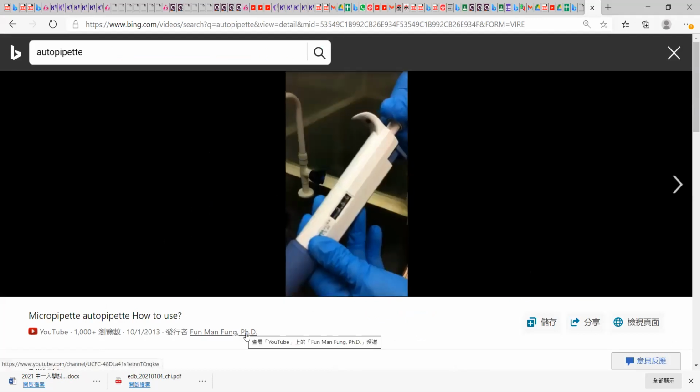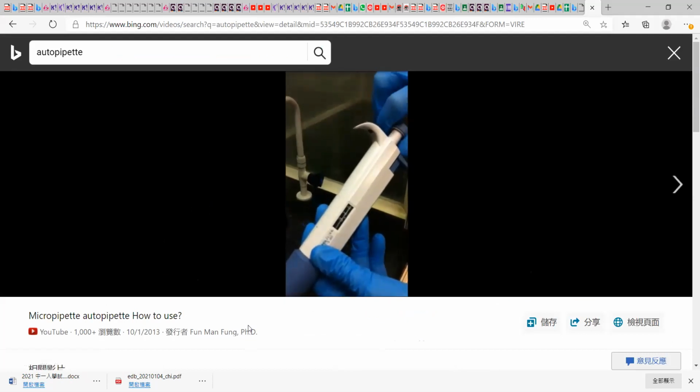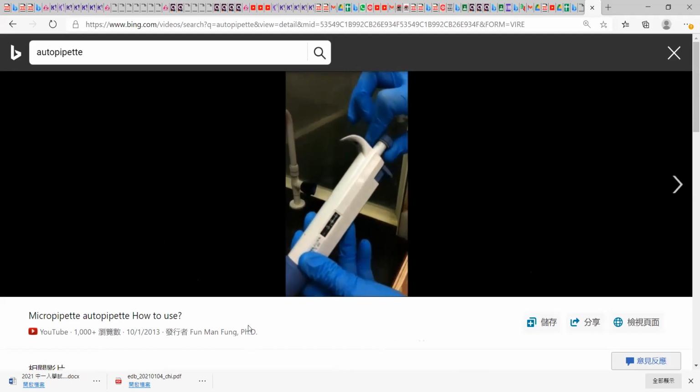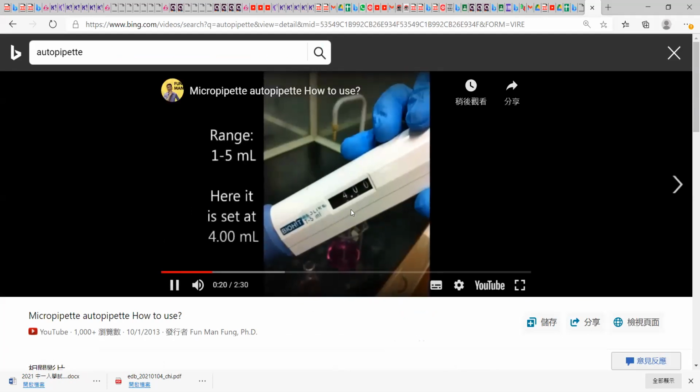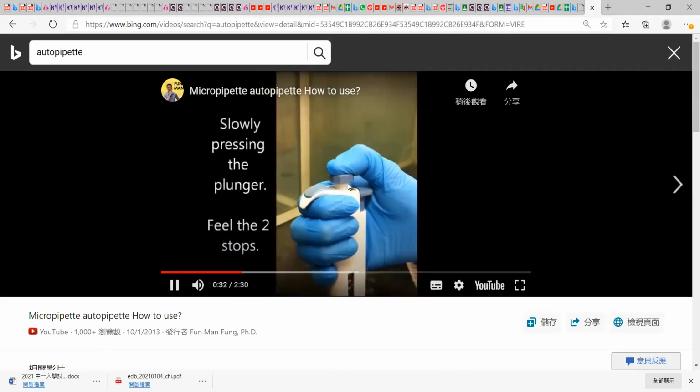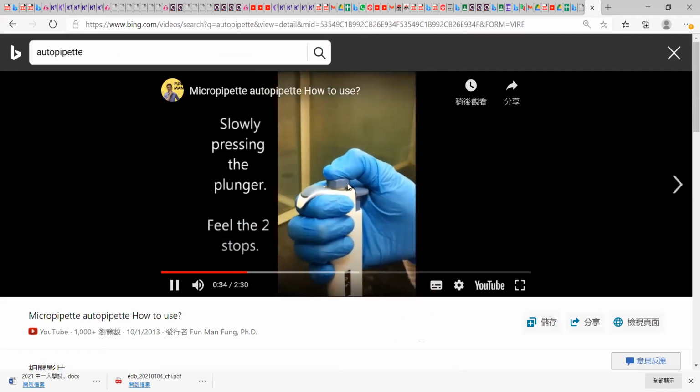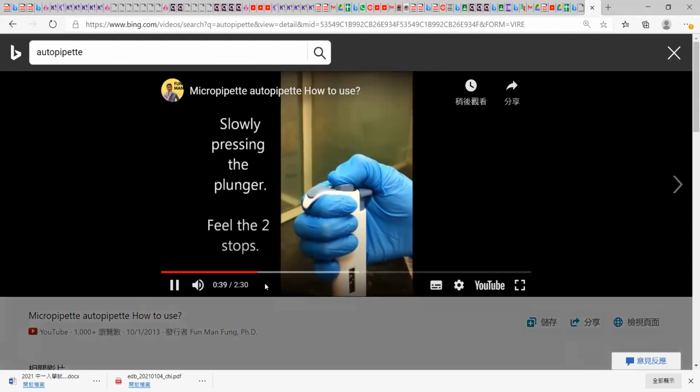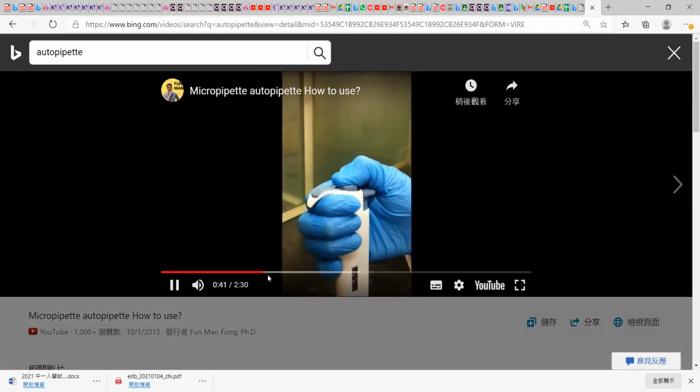It is commonly used in biology. Why is it called auto pipette? Because you simply press it, you release the stops, and the plunger will go up, and the solution will be sucked up.